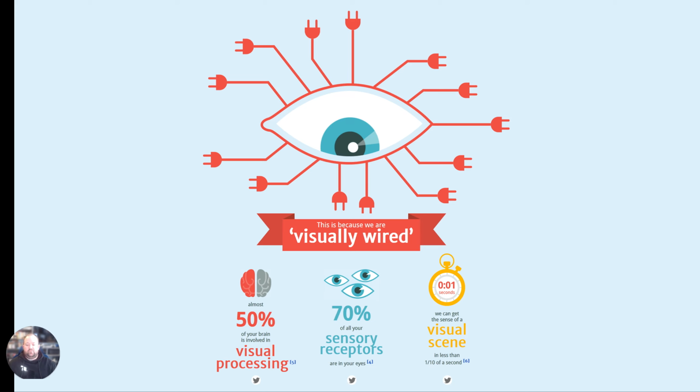So when we look at visual processing, about half of our brain is involved in visual processing. 70% of all of our sense receptors are in our eyes, and we can typically get a visual sense of a scene within a tenth of a second. Our visual processing is incredibly fast and incredibly focused in terms of how our cognition is set up.